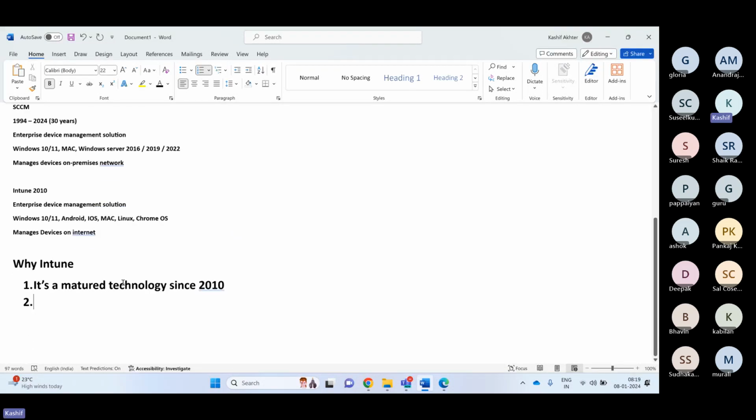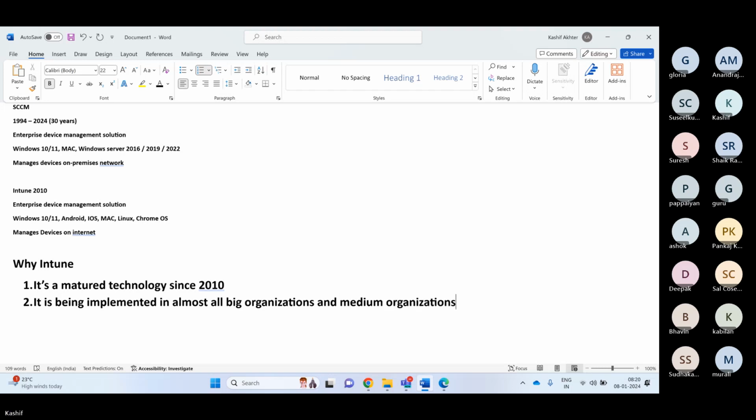Point number two, it is being implemented in almost all big size organizations and medium size organizations. Okay, almost everywhere you will find Intune these days. So it's being implemented everywhere.